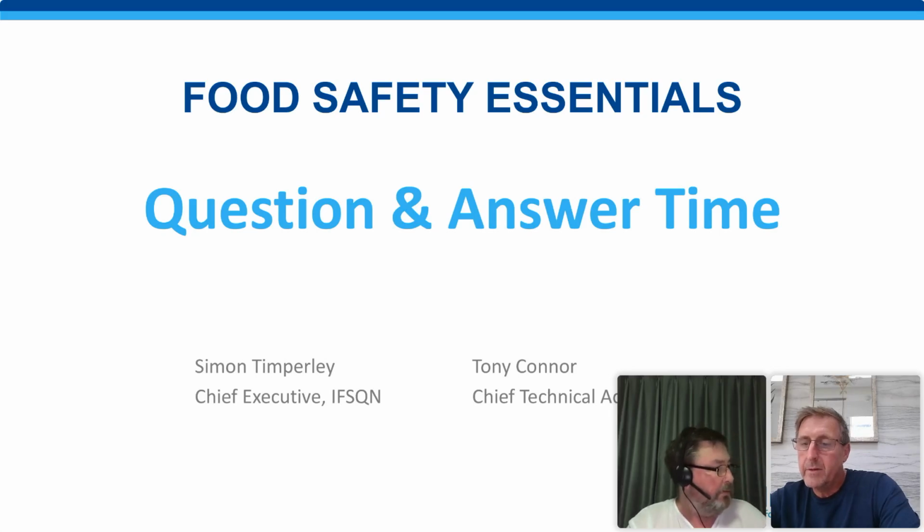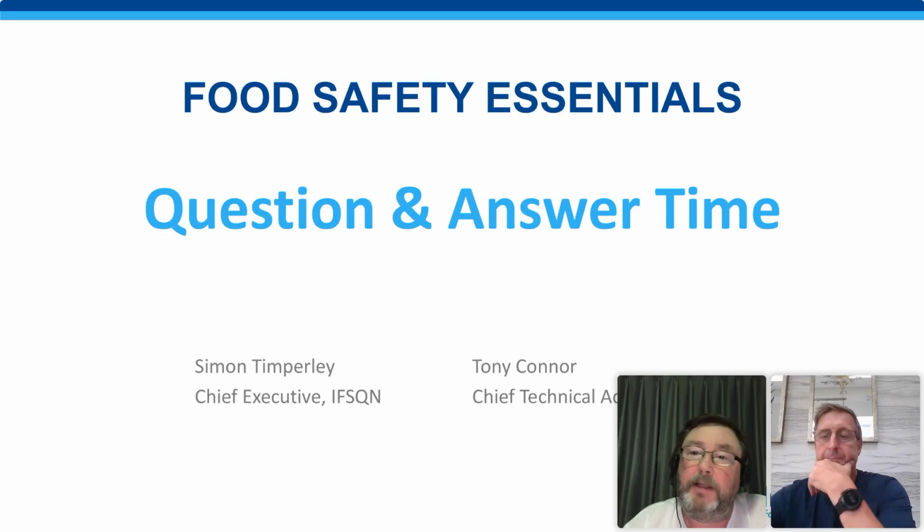Sandra Darajan has just added, HACCP is only applicable for CCP and OPRP. I don't know if that's a question, but HACCP is applicable for everything because in the first stages, you're ensuring you've got prerequisite programs and good hygienic practices in place.